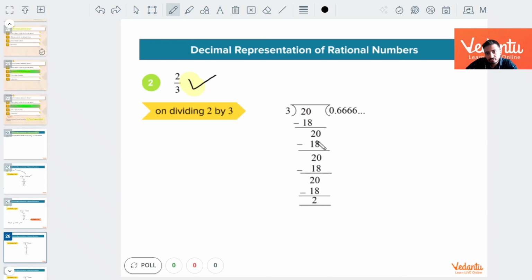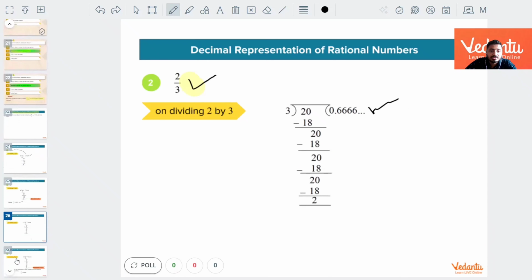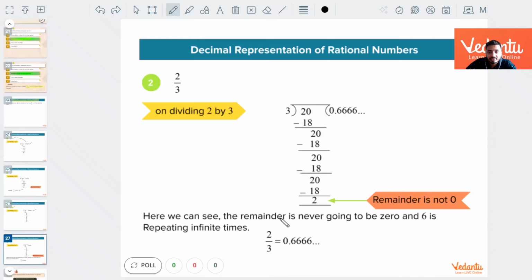Now what is the remainder? 2 is the remainder. 0 will come. It will become 20. Again 3 sixes are 18, again the remainder is 2, and so on. Have you noted some difference between the previous question and this question? It is not ending, and the remainder keeps coming in each and every case. So the remainder is not going to be 0, and 6 is repeating infinite times.